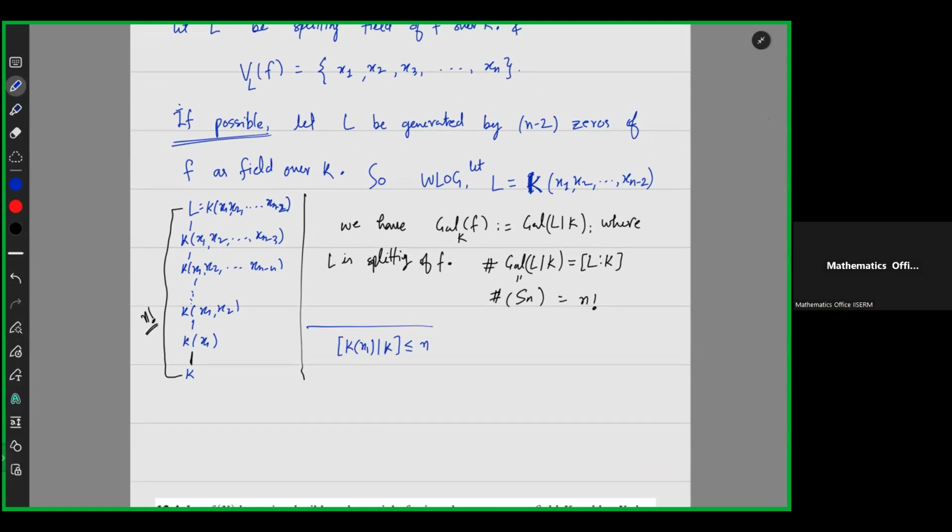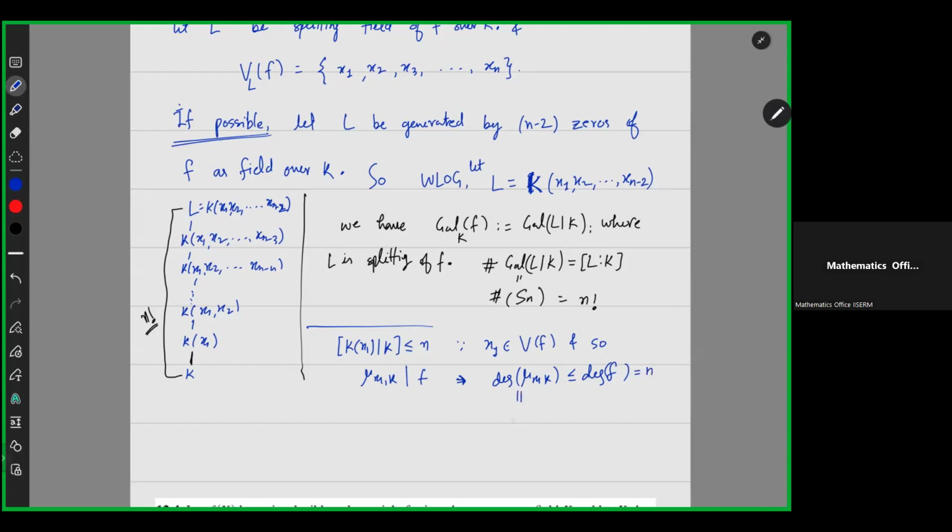Because x1 is a root of F, and since x1 belongs to VF, the minimal polynomial of x1 over K divides F. This implies its degree is less than or equal to the degree of F, which is exactly n.